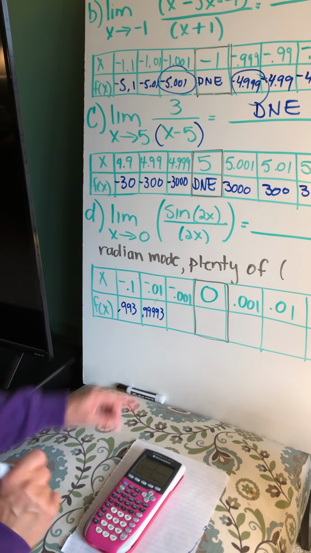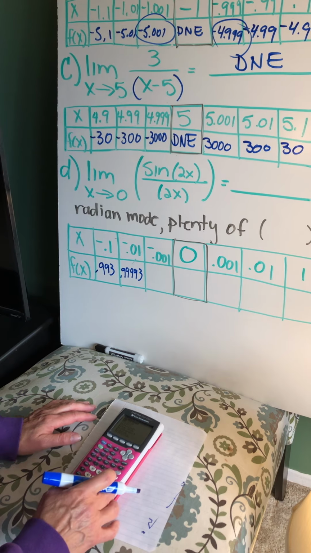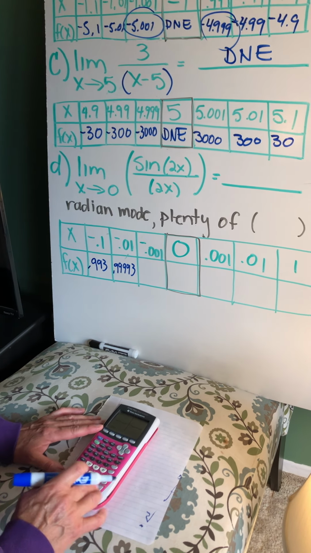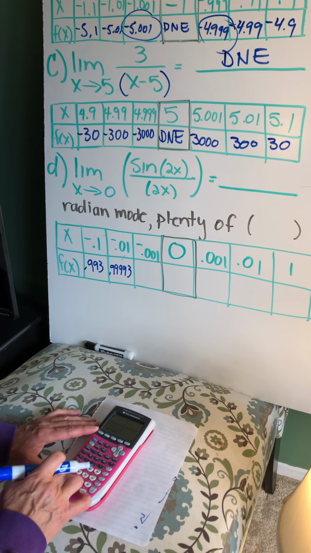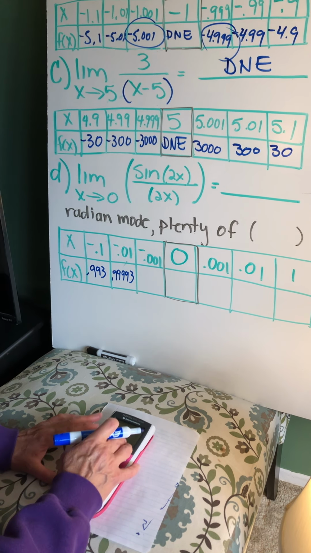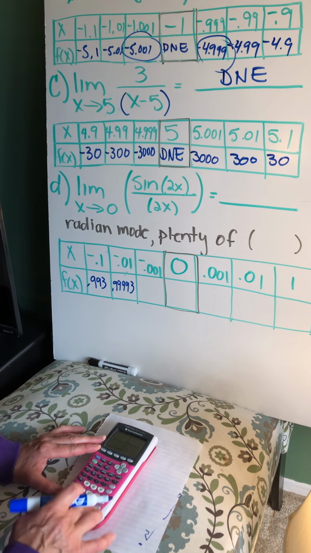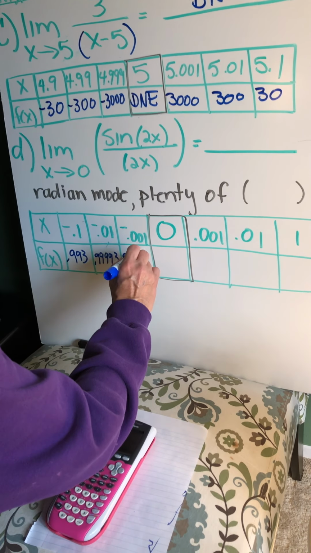And notice that's very close to 1. And a negative 0.001. Oh, wow. It's 0.999. And on and on and on.